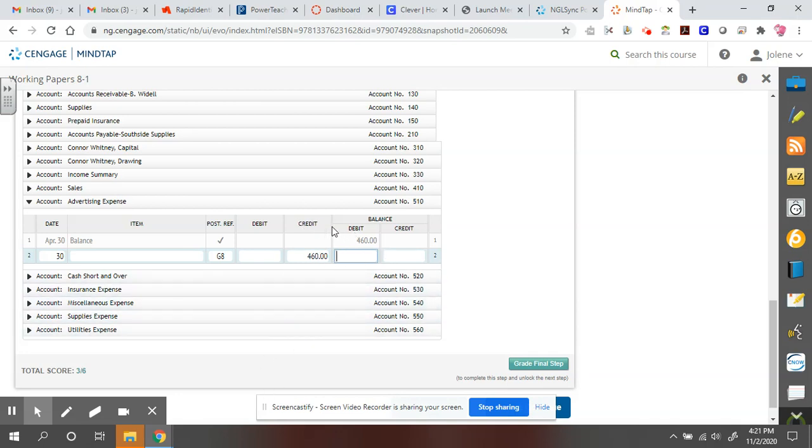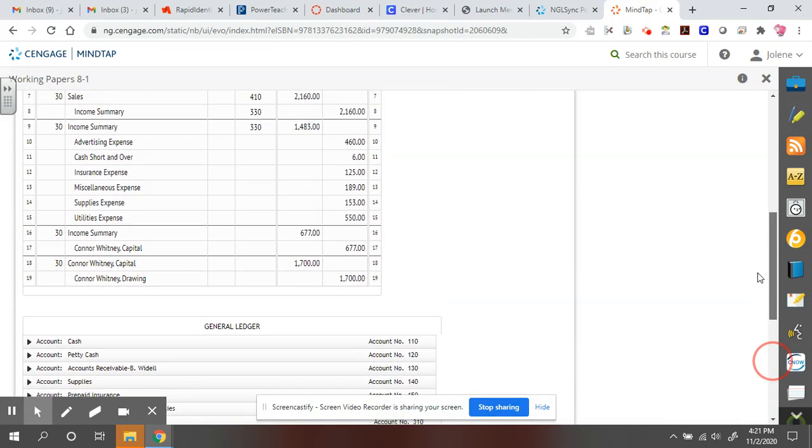Credit and debit, you subtract them, and they cancel each other out. That's been closed now until the next month. We have to take the account number 510 and put it up here to show that we did post that.